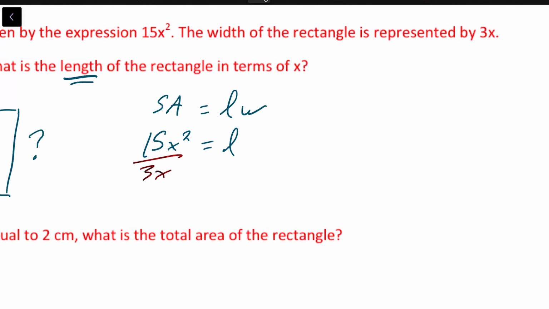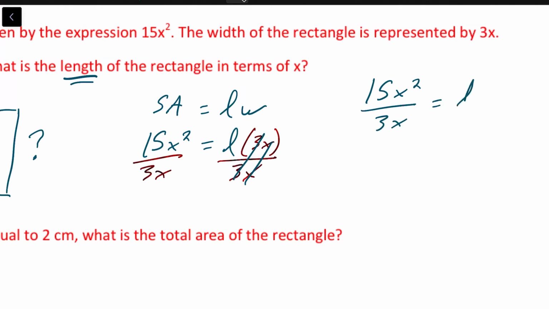Okay, maybe I should erase everything. I'll rewrite it just so that you can see the work. So 15x squared divided by 3x is going to give me the length of the box. Okay, and again, I can rewrite this as, oh no, I don't have to rewrite this. So 15 divided by 3 is going to give me 5.